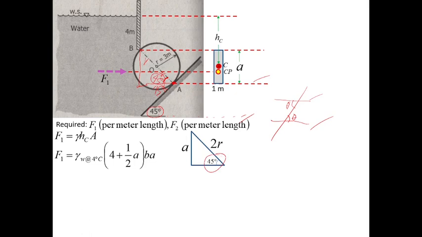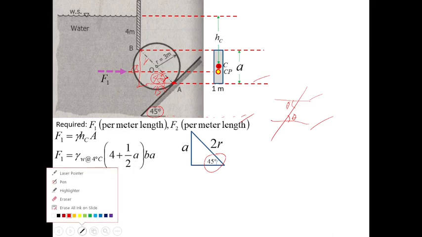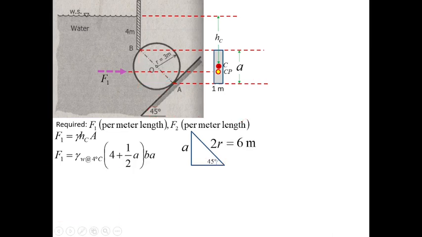Ganun siya. Ito ay A, di ba? Ito ay 2R. So, I hope you get it. So, ang 2R natin ay 6 meters. Ang radius kasi ay 3 meters.